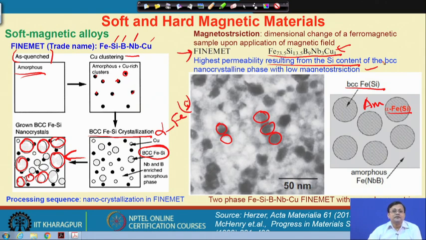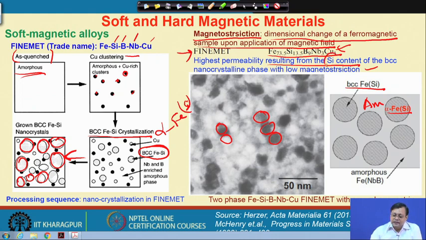I am talking about the physical dimension of a magnet, which can be changed, and this is a property called magnetostriction. In case of magnetostriction, a dimensional change will occur in a ferromagnetic material upon application of a magnetic field. So, as magnetic flux density increases, the dimensional change will also occur in higher and higher amounts, and that is not allowed, that is not a desired property.